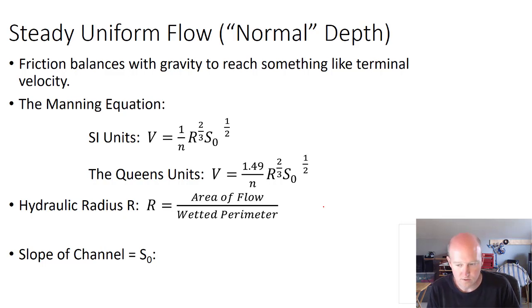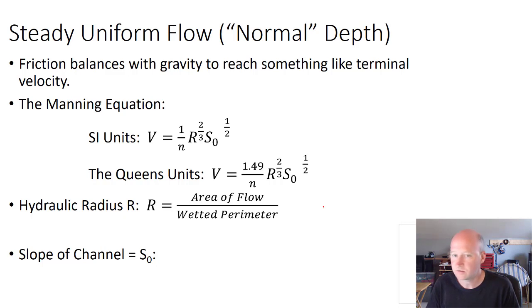So for the uniform flow, I guess you could say boring part, it's going to be a baseline. We're going to call that normal depth often, and basically it's something like terminal velocity. So the water is moving downhill, and so it's burning off energy due to friction, but it's also gaining energy because it's moving downhill.